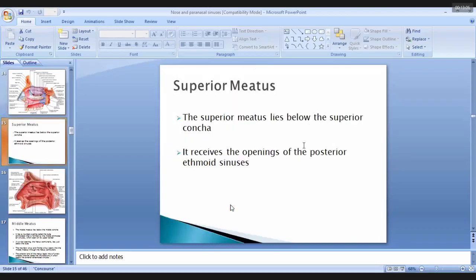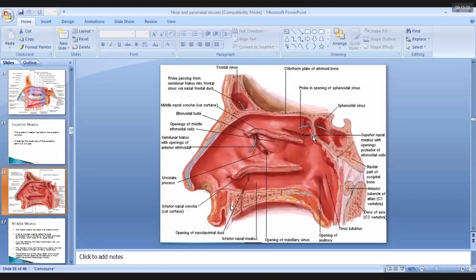Now the structures that are openings related to these meatuses. The superior meatus lies below the superior concha and receives the opening of the posterior ethmoidal sinuses. See in this figure, here superior to the superior concha, this space is known as the sphenoethmoidal recess, in which the sphenoidal sinuses open.